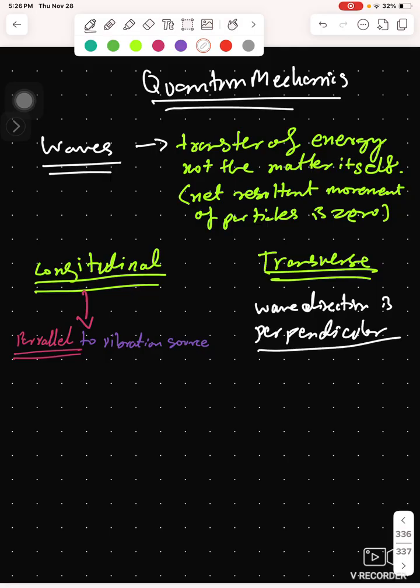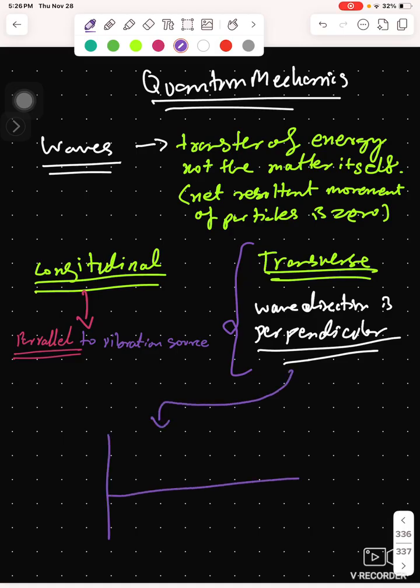Mostly in quantum physics we talk about transverse waves. The direction of motion is perpendicular to the source.